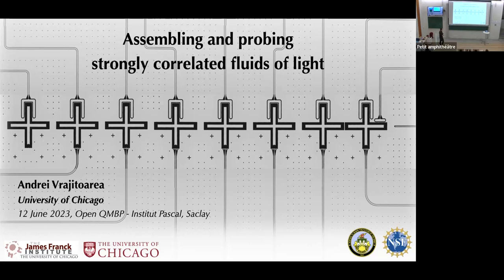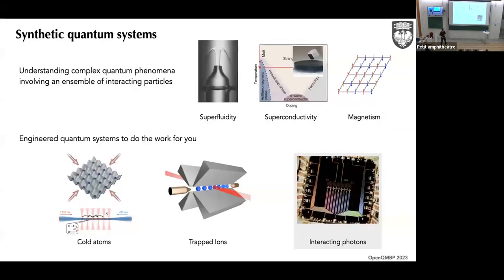Okay, so the motivation behind these experiments is the fact that we understand a class of interesting and complex quantum phenomena in condensed matter physics that involve various classes of many-body models that have an ensemble of interacting particles. And we want to understand these phenomena in order to expand and improve our theoretical framework, and also to improve our technological capabilities.